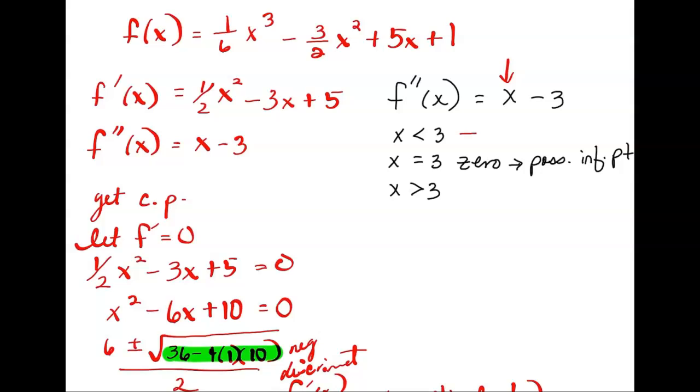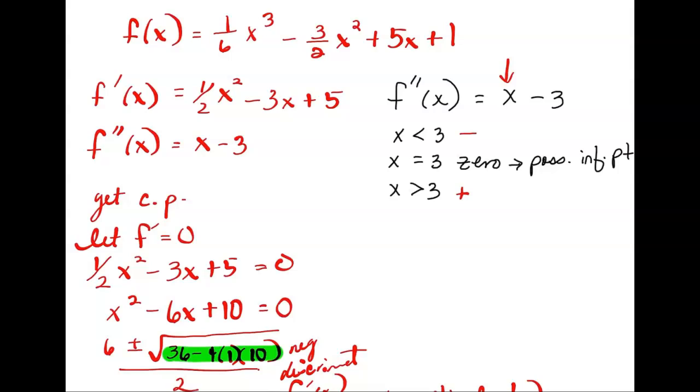So for values that are less than 3, like 2 or 1, right? Any value that you look at for x that's less than 3, you see that you have a negative result. If you look for values of x that are greater than 3, like 4, 5, 6, and so on, you'll see that you have a positive result.